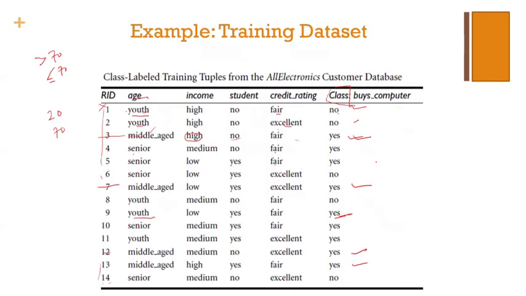You can see some senior here, they didn't buy a computer. Look at another senior, he bought a computer. So in that particular direction of the decision tree, we need to use another attribute to separate them. However, for the middle-aged, there's no single person that is middle-aged and does not buy a computer. This is how we know that at that point we reach the terminal node quickly for people that are middle-aged.